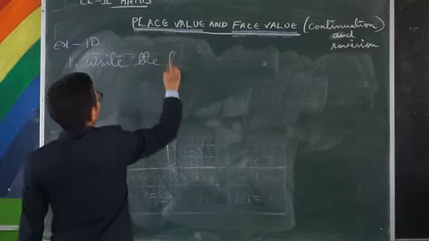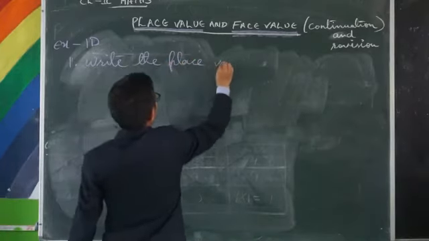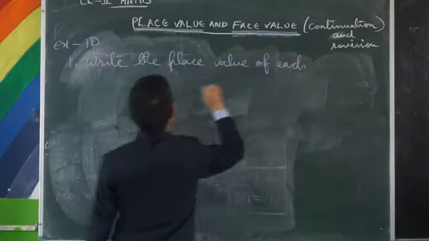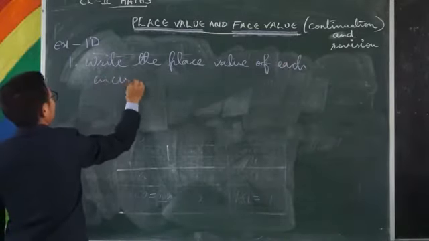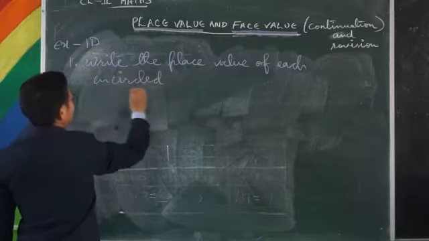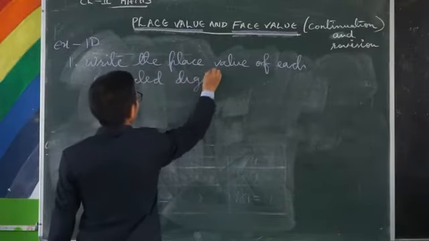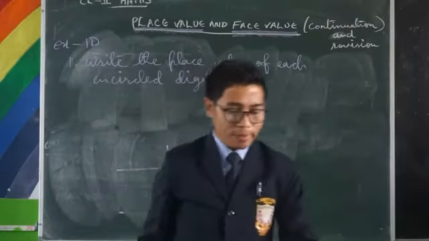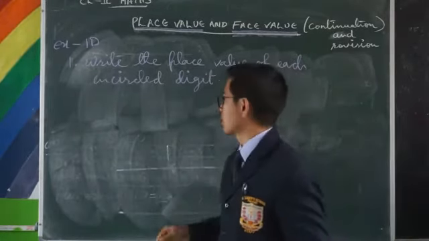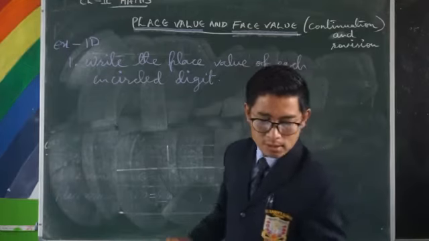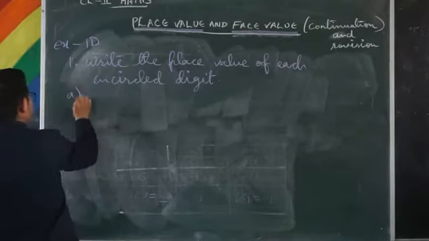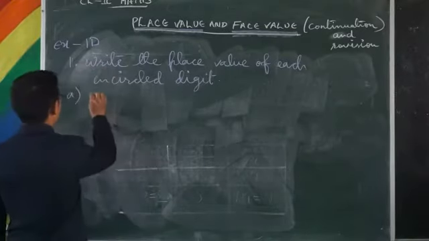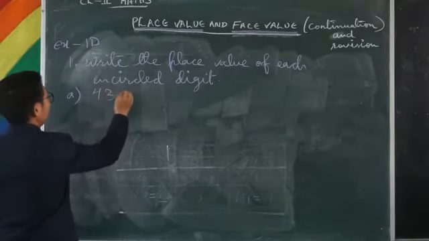So you need to write the place value for the digits which are in a circle. The number in A is 4, 3 and 6.